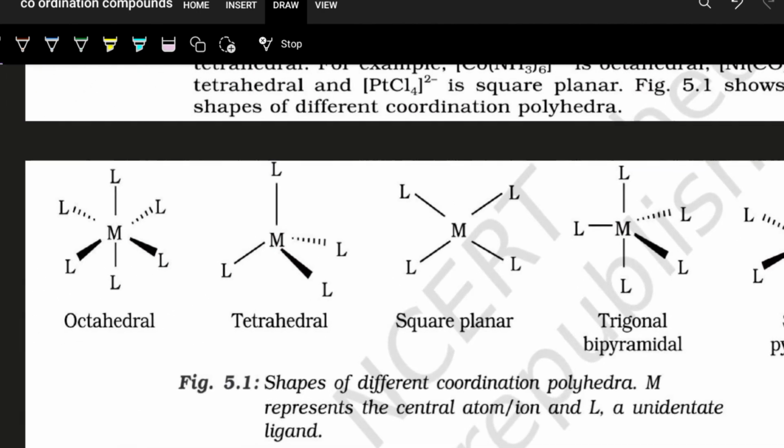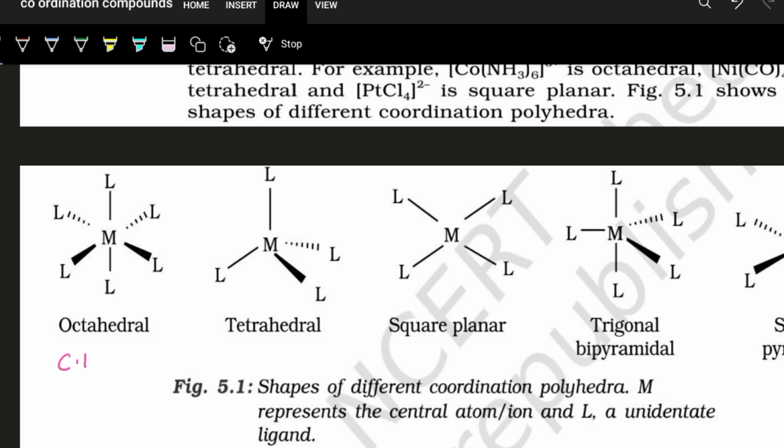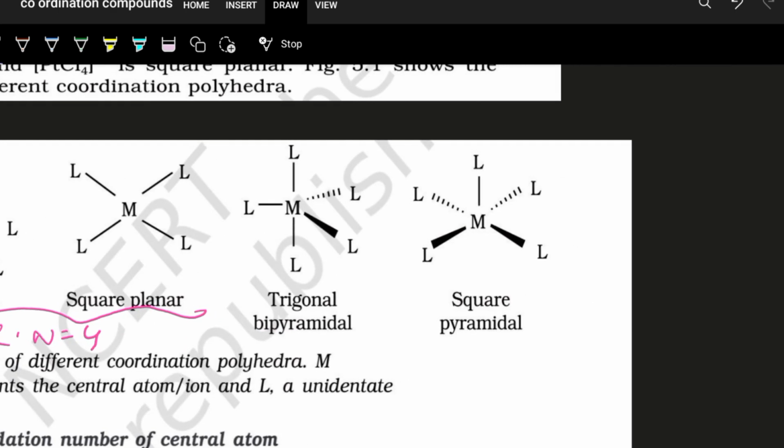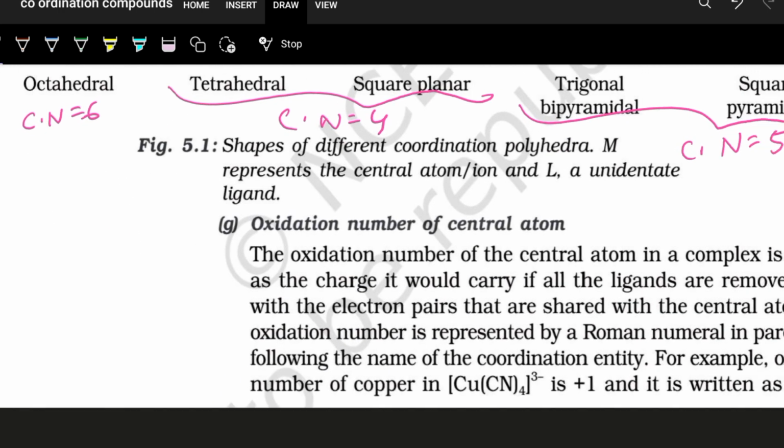And depending on the coordination number, for coordination number equal to 6, it is octahedral. Coordination number equal to 4, it can be tetrahedral or square planar. Coordination number equal to 5, it can be trigonal bipyramidal or square pyramidal.